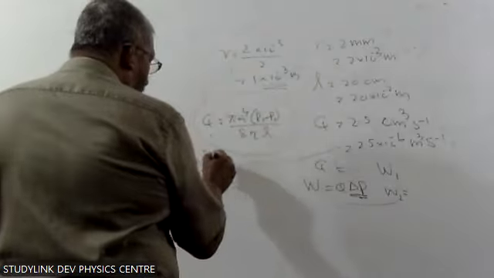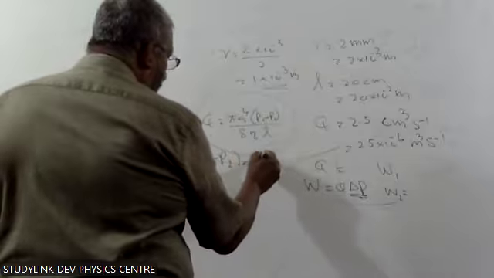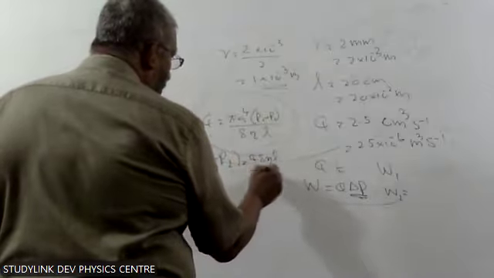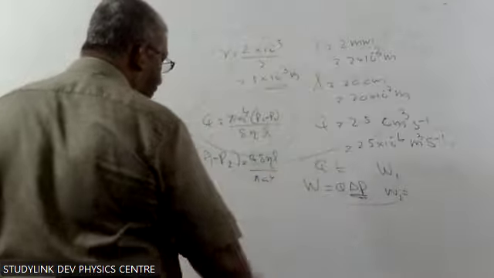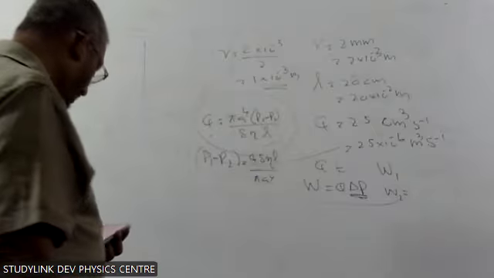Then P1 minus P2 is equal to Q 8 eta L over pi a to the power 4. Get this equation.